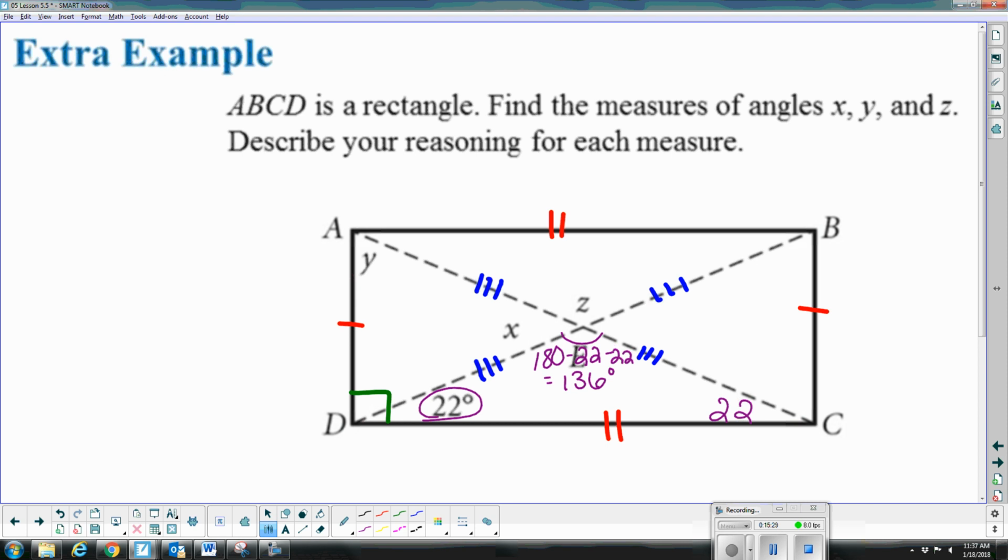Now this angle and angle Z are vertical angles, so angle Z is also 136 degrees. Since angle Z is 136 degrees and it's an isosceles triangle, both of these have to be 22 degrees.